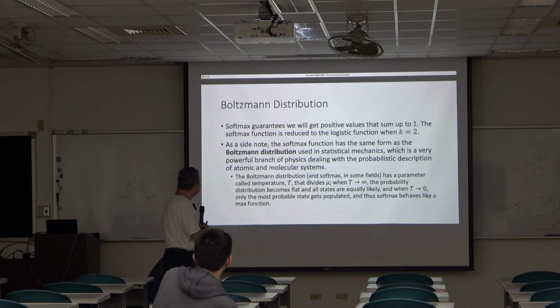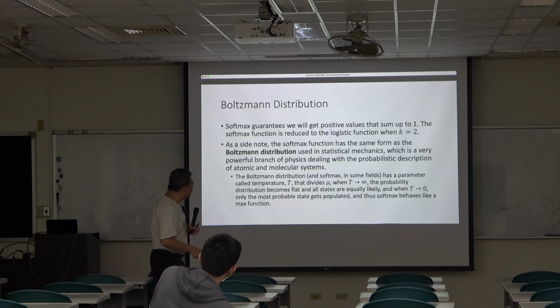As a side note, the softmax function has the same form as the Boltzmann distribution used in statistical mechanics, which is a very powerful branch of physics dealing with the probabilistic description of atomic and molecular systems. But if you are not into these areas, you don't need to worry about that.